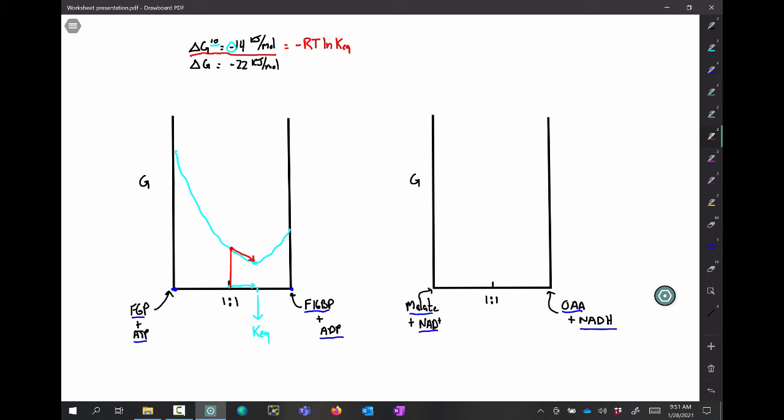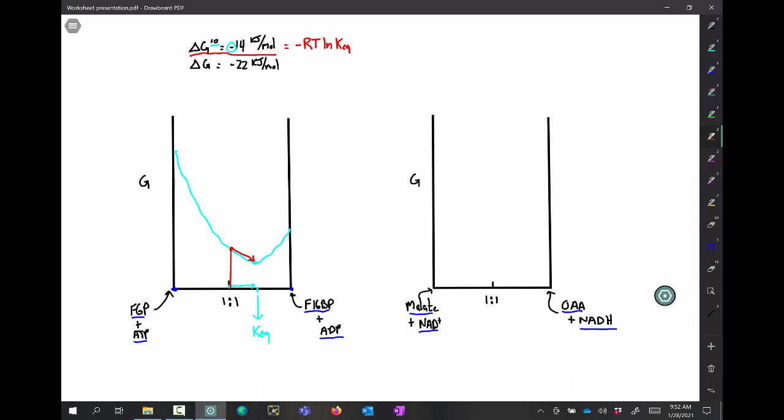And that will be an exergonic reaction. And presumably the potential energy that the reaction has at our starting point, the 1-to-1 ratio, is going to be an energy of 14 kilojoules per mole. And it can then drop down to that lower level, and it can do that kind of work.